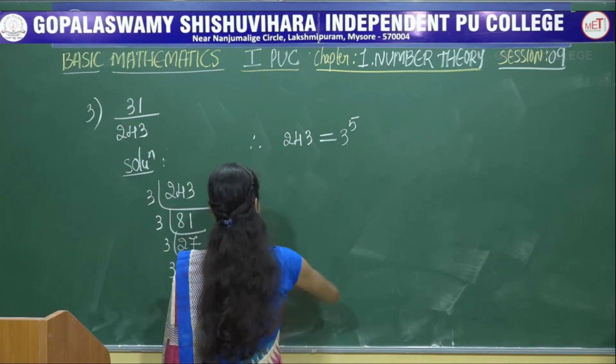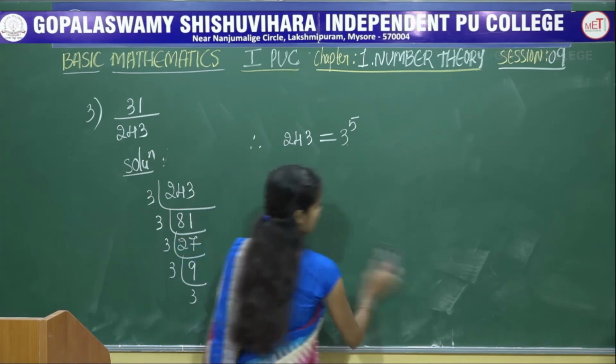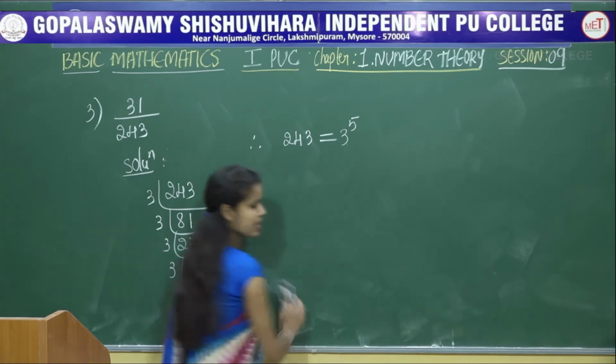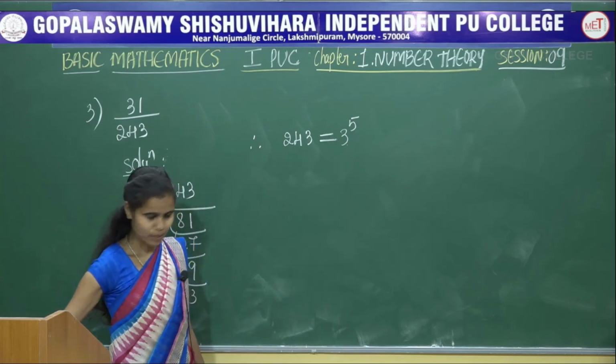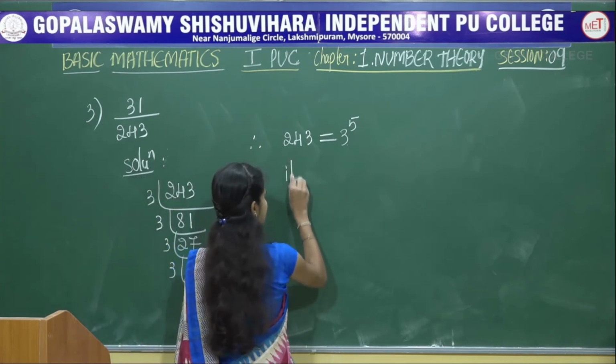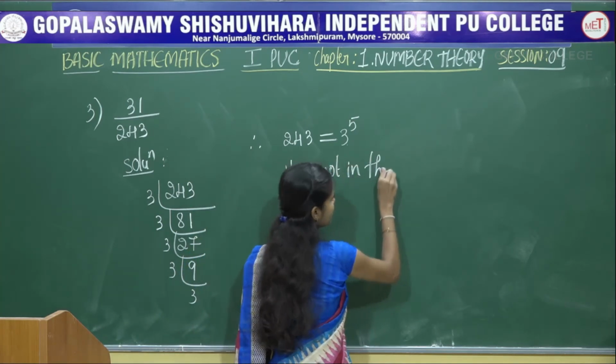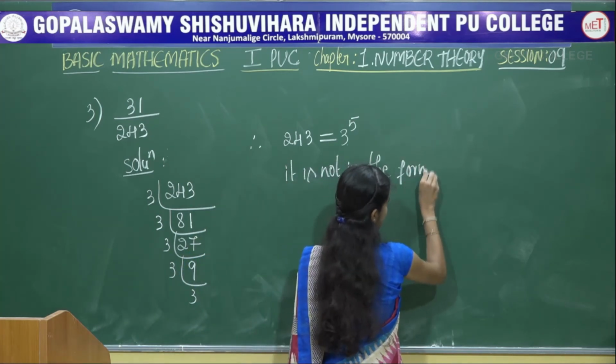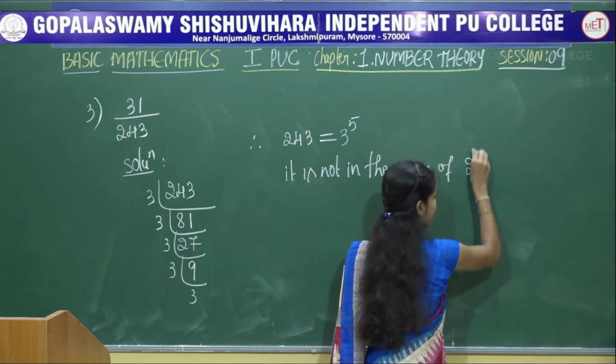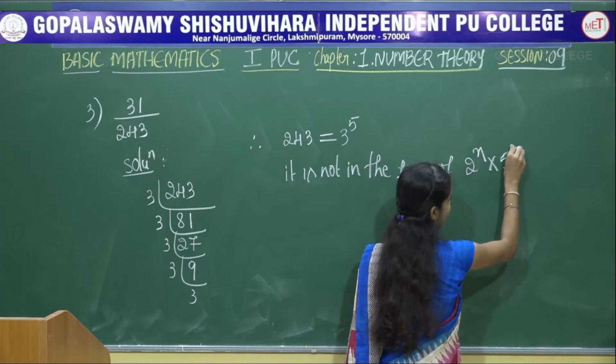Therefore, the given rational number has a non-terminating decimal expansion, since it is not in the form of 2 to the power of n into 5 to the power of m.